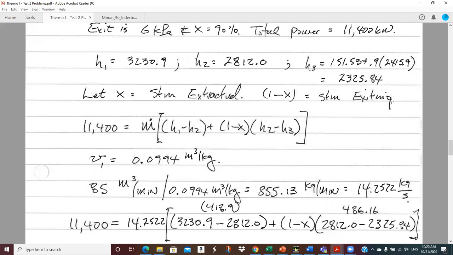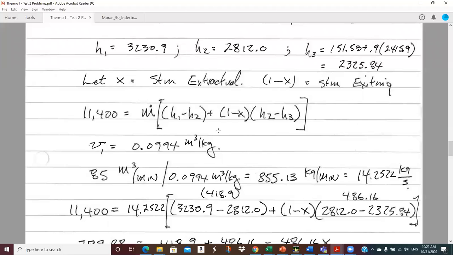So then I can write this: 11,400 is the total work. The total mass flow goes from 1 to 2, and then I pull X out, and then I have 1 minus X going from 2 to 3 and exiting the turbine. So this term should be the total work produced by this turbine.